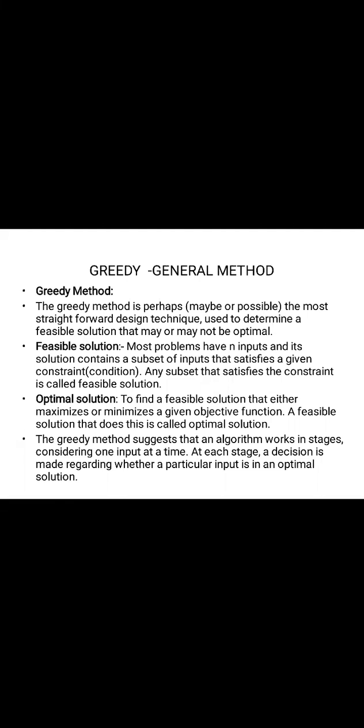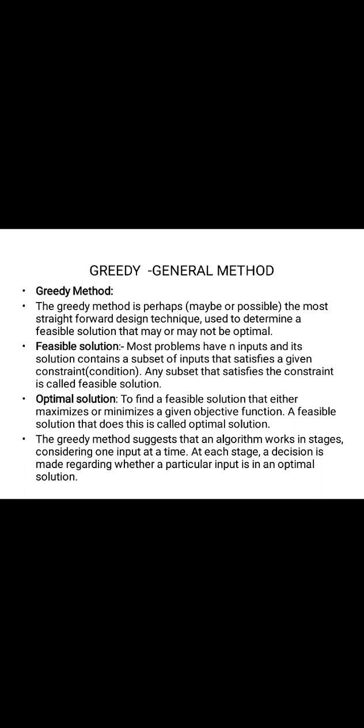The greedy method is perhaps the most straightforward design technique, used to determine a feasible solution that may or may not be optimal. Feasible solution means most problems have n inputs and the solution contains a subset of inputs that satisfies a given constraint or condition. Any subset that satisfies the constraint is called a feasible solution.